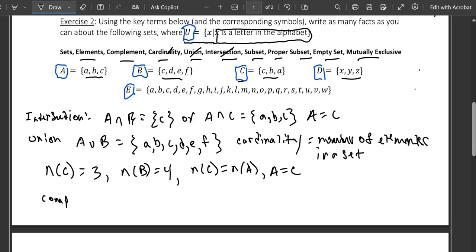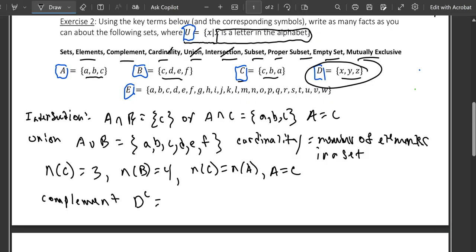What was complement again that we talked about? Complement is the opposite of what you're taking the complement of. So if I say complement of A, whatever is in A, we want what's not in A, that would be everything else but A for that alphabet. So it'd be D all the way to Z, correct? So how about we say D complement? So here's my D, which is X, Y, Z. And this is purposely set up this way to help you see this.